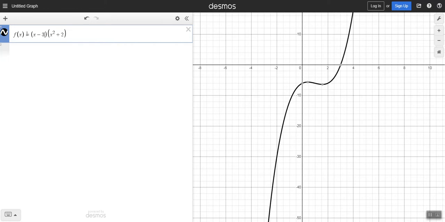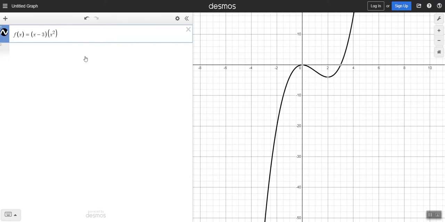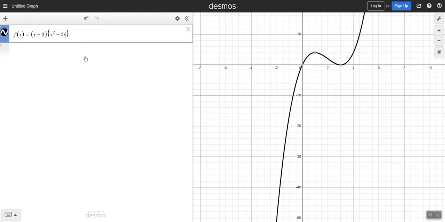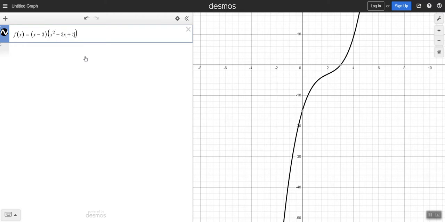So I have x minus 3 times x squared minus 3x plus 5. And there we go. There's our (3, 0), the x-intercept that we predicted, as well as the y-intercept.